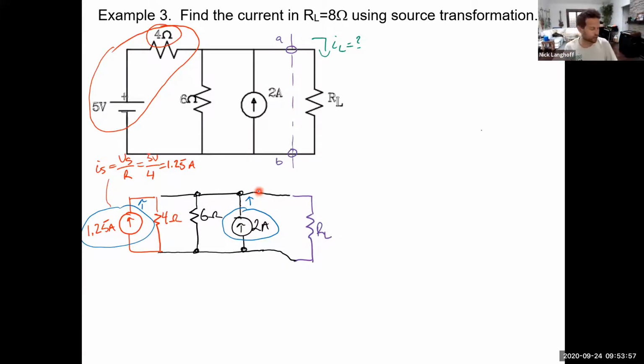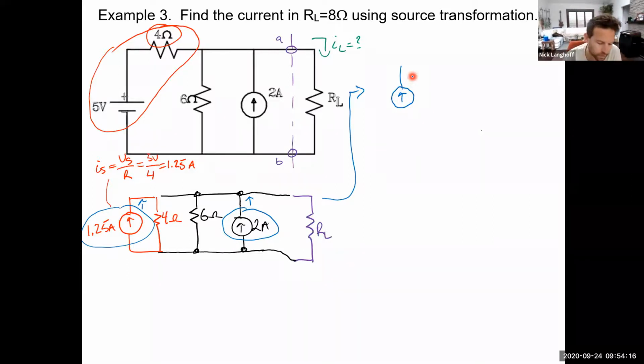So we can actually sum those together. I'm going to sum those two together into a single current source that is equal to the sum of them. That would be 3.25 amps.